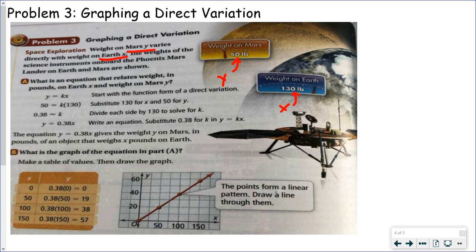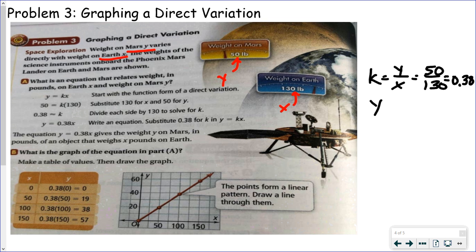All right. So to write this, they did this a little differently than what I showed you. So what I said was k equals y over x. So k equals 50 over 130. You can go ahead and divide that and change it into a decimal, and you would get 0.38.